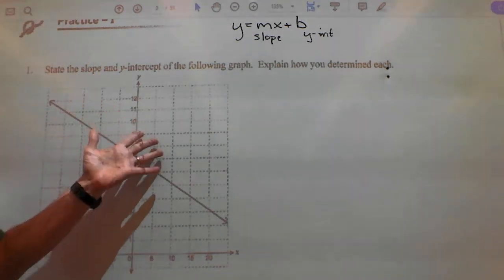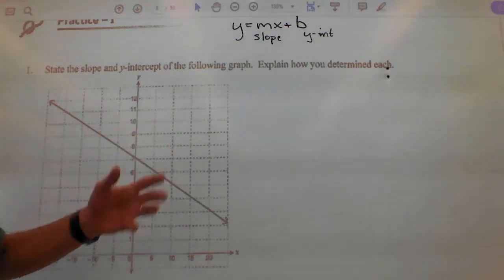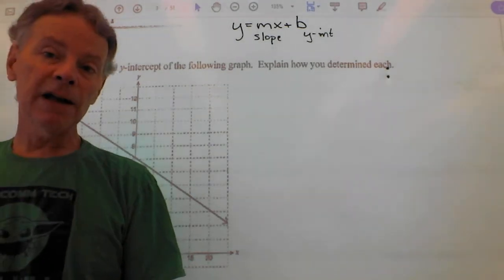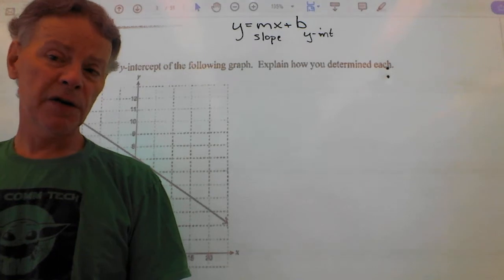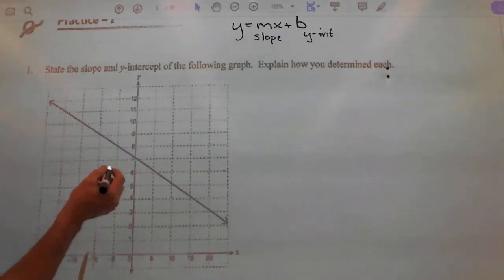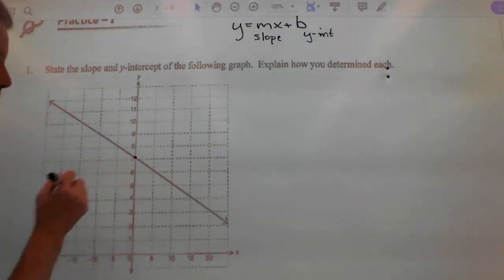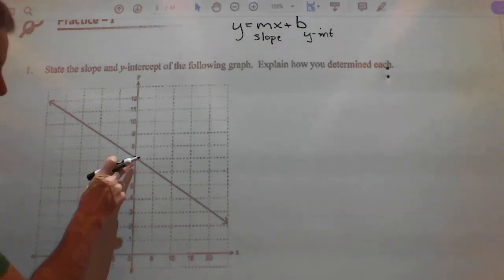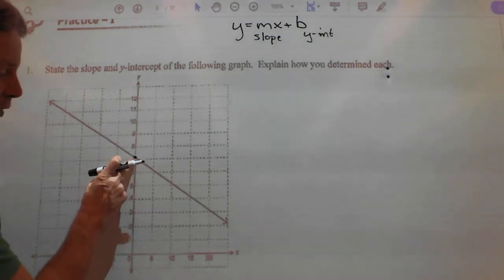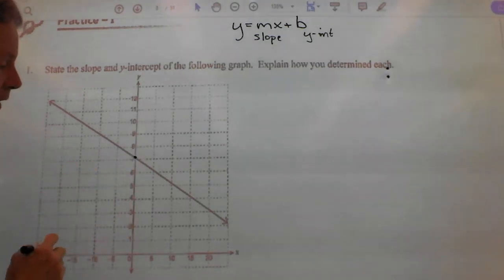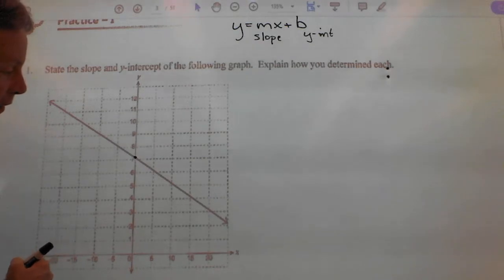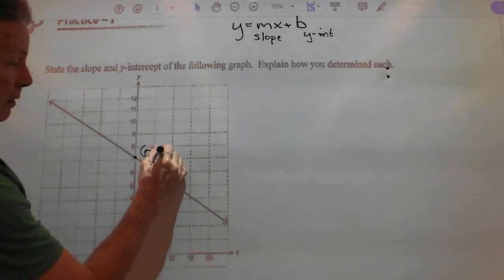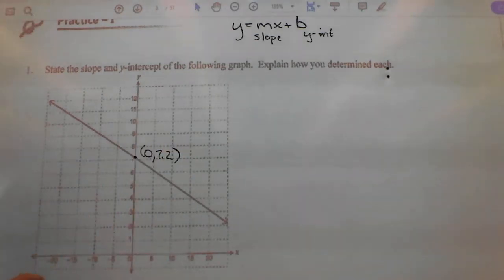So for the very first question, which says state the slope and y-intercept of the following graph, explain how you determined each. Well, if you have a graphed line, the y-intercept is really easy. The y-intercept is simply the point where it crosses the y-axis, okay? And for this particular one, it looks like it's a little bit above 7, so let's just say it's at about 7.2, okay?